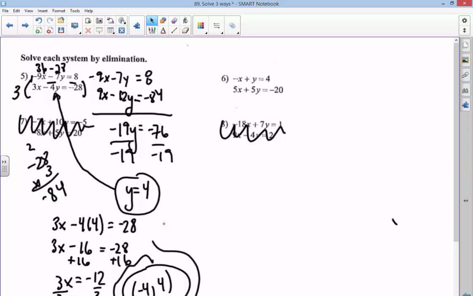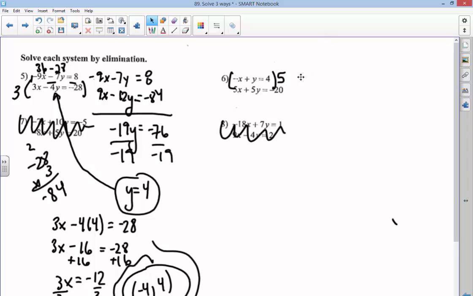Number 6. So, we can get the x's the same by multiplying by 5. We could also get the y's the same by multiplying by 5. But if you want to add, then multiplying by 5, we would be able to add and eliminate the x's because that coefficient would be the opposite.